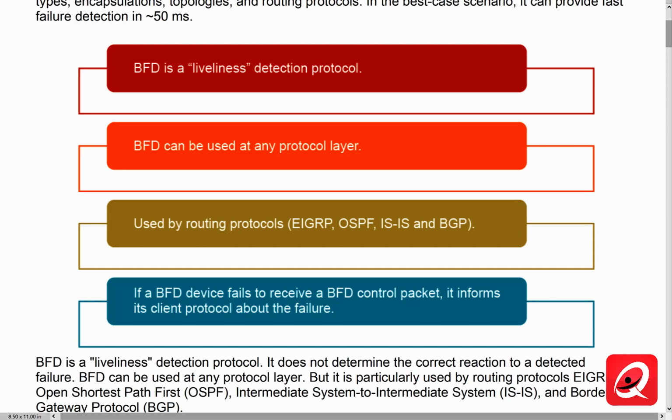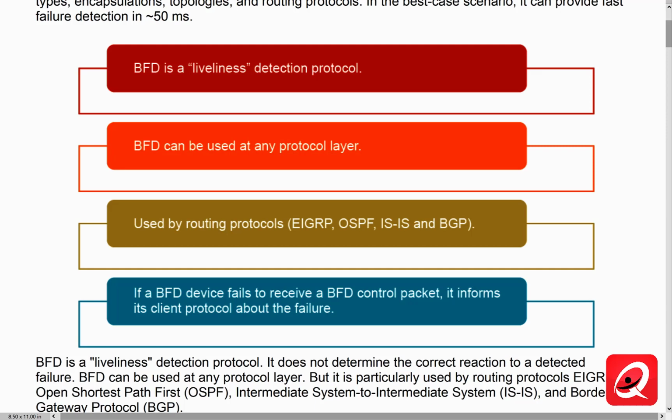So we can implement an additional feature called bidirectional forwarding detection. BFD is a fast failure detection technique. It uses keep alives. Doesn't matter what the physical layer media is. It doesn't matter what the encapsulation is. It doesn't matter what the topology is. And in fact, it doesn't even really matter what the routing protocol is.